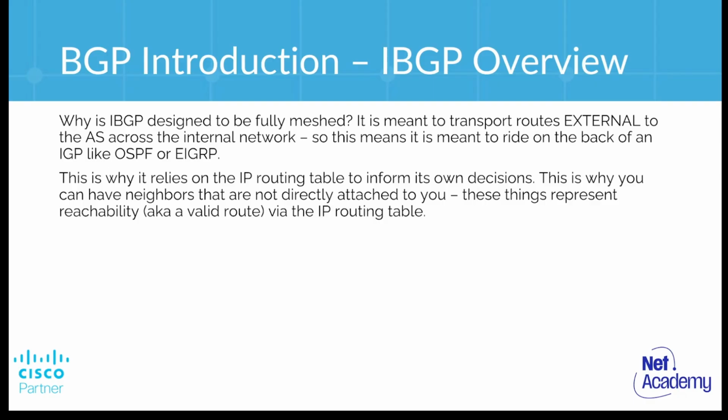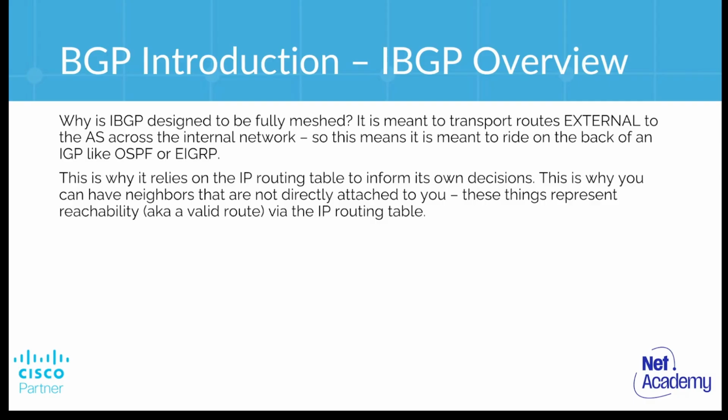And this is why you could have neighbors that are not even directly connected, right? I can put in a BGP neighbor statement with someone that's 10 hops away because I have IP routing table reachability to that neighbor's IP that I'm putting in when I configure it. And we're going to walk through a sample config on IBGP towards the end of this. Right. And then we also will need to look at things like having a valid route in the IP routing table to ensure that we have proper forwarding behavior.